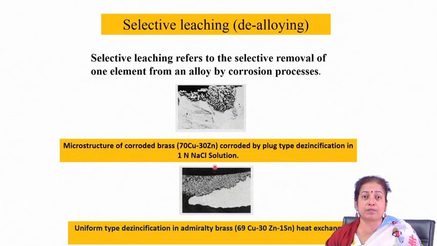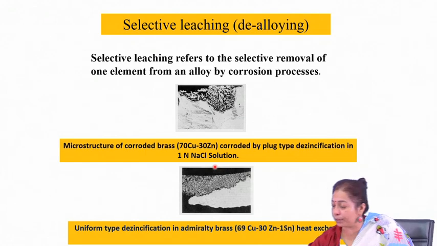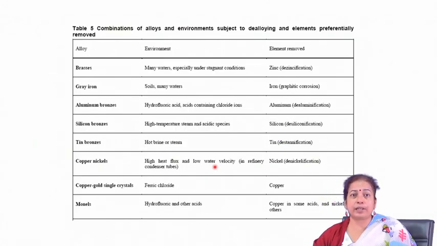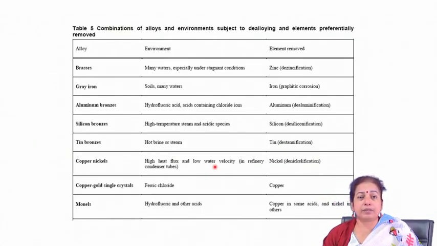Depending on the appearance of the leached surface, different names may be applied. It is not only in brass; it is also observed in other alloy systems, because naturally this depends on the overall electrochemical behavior of the constituents which make up the alloys.